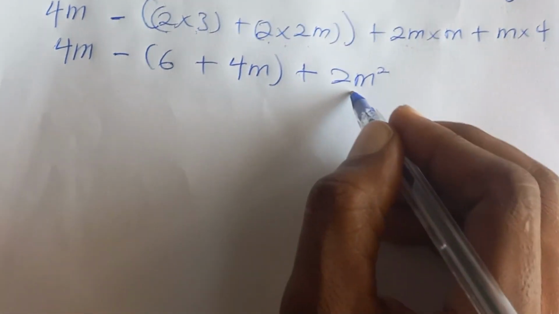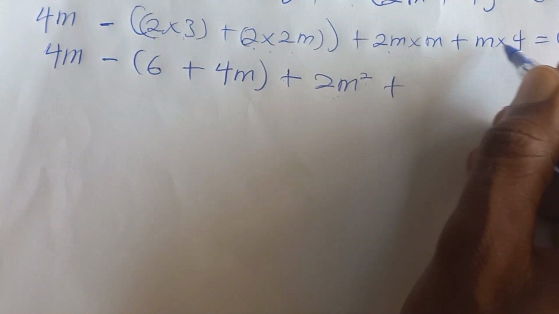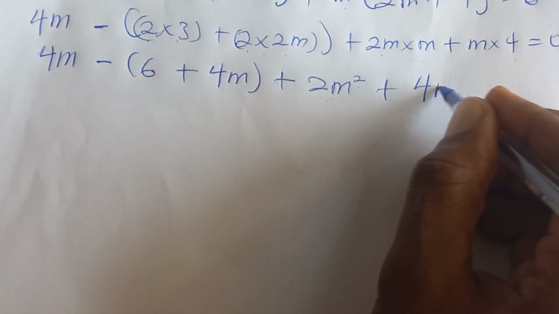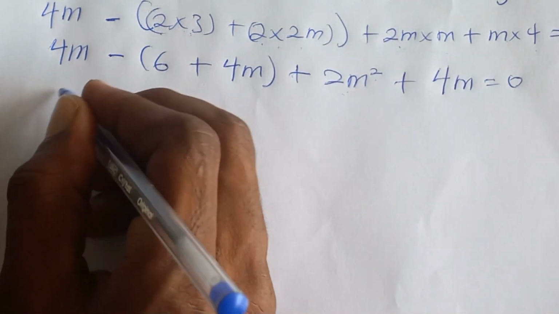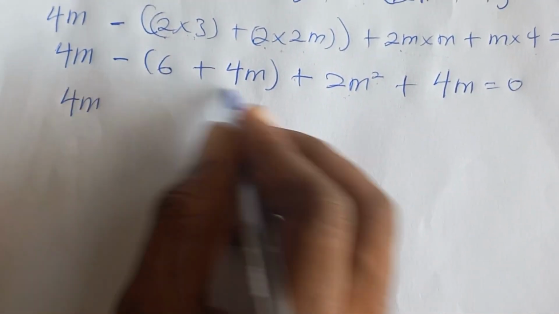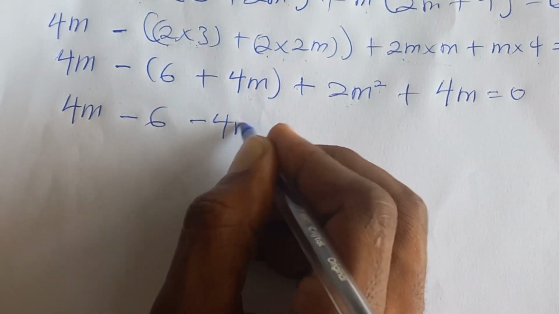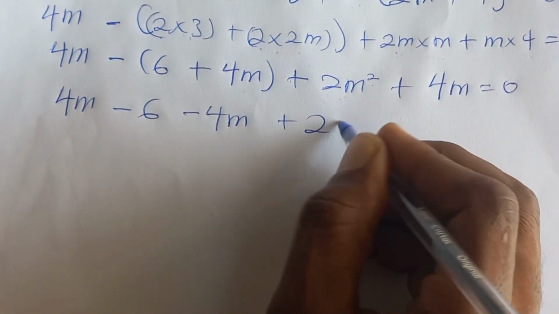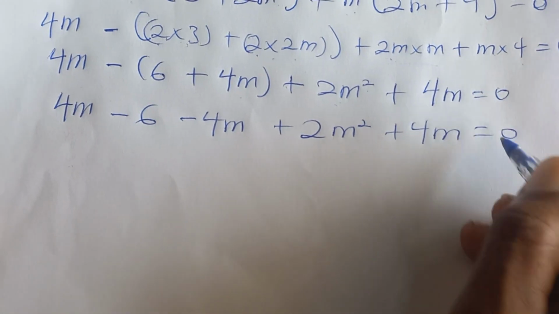And m times 4 will give us 4m. So we are going to get 4m, the open bracket, it will be negative 6 minus 4m plus 2m squared plus 4m is equal to 0.